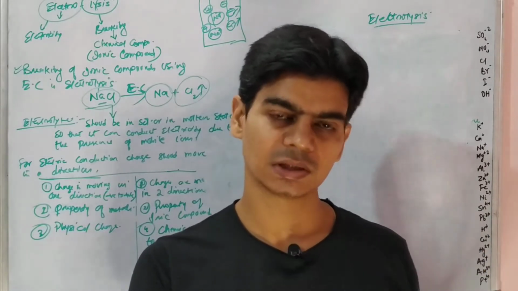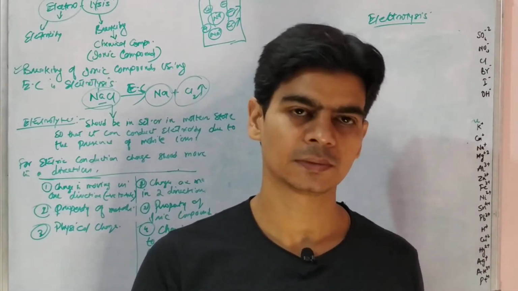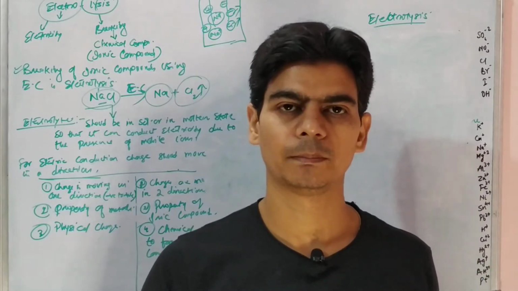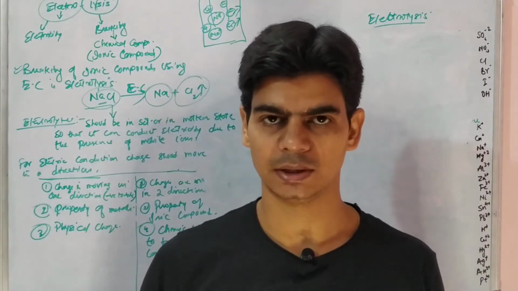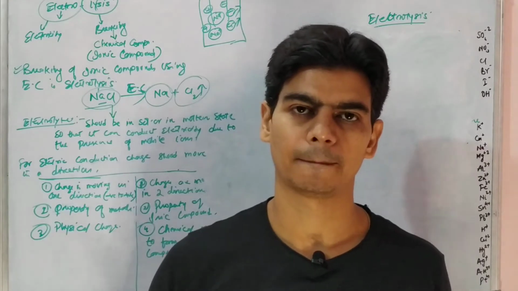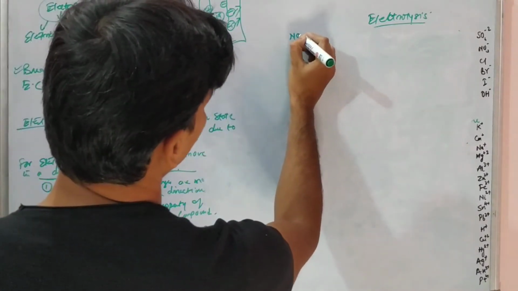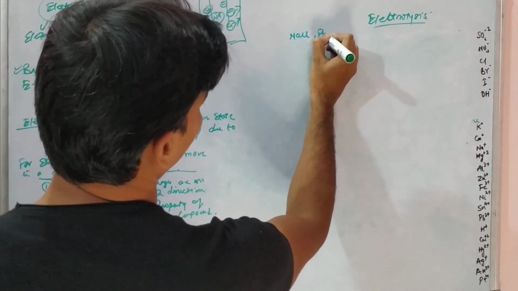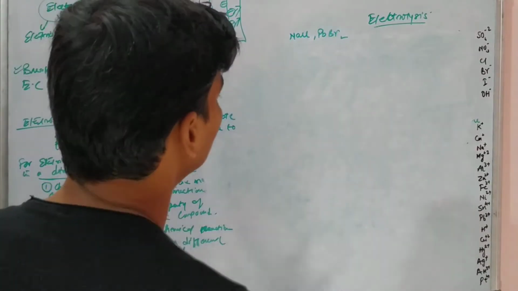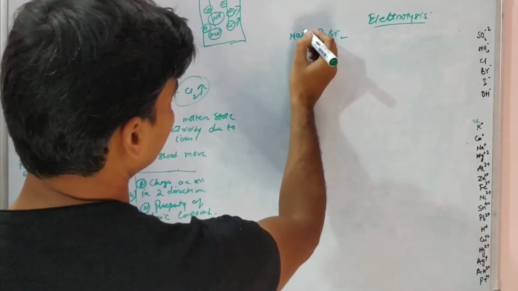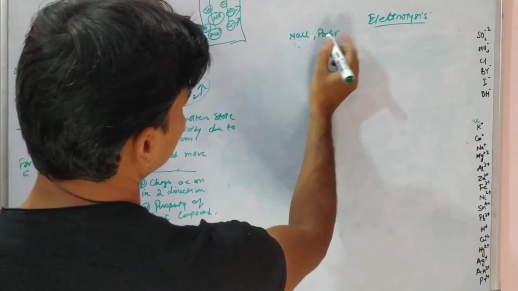So this is an electrolyte. Electrolyte is solution of an ionic compound or ionic compound in molten state that is able to conduct electricity. For example, we have sodium chloride or lead bromide.